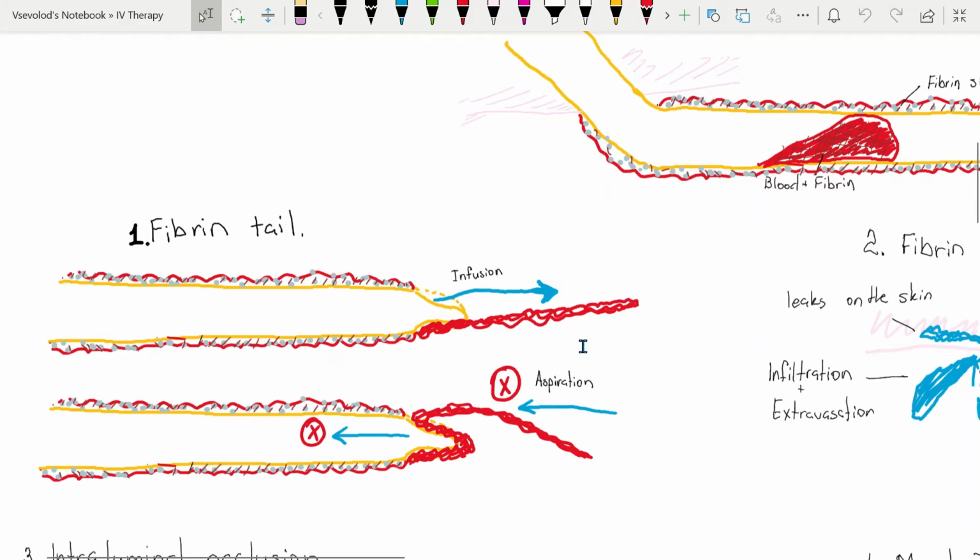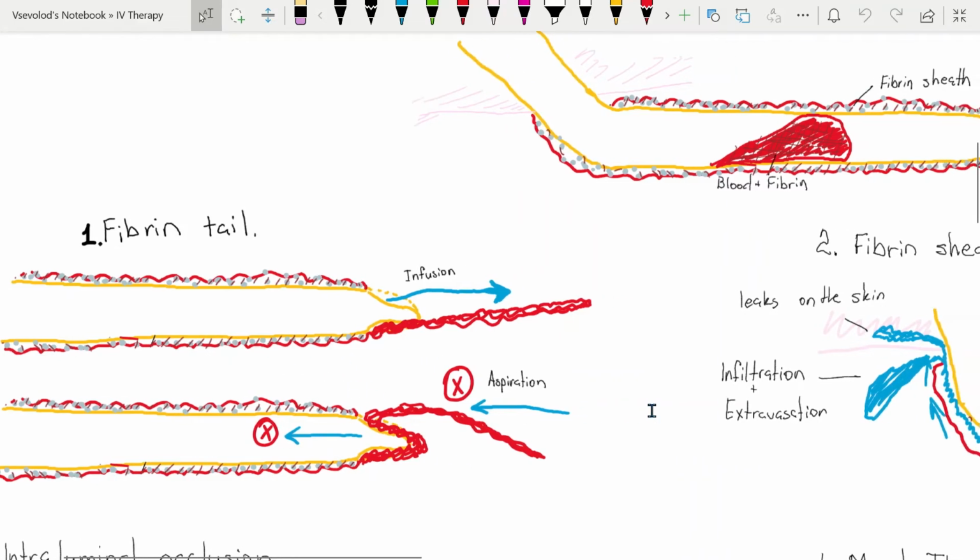With fibrin tail, it is possible to administer medications, but aspiration of blood is not possible. The tail acts as a one-way valve and closes the opening of the catheter tip. The ability to flush but not to aspirate blood is termed partial occlusion or withdrawal occlusion.